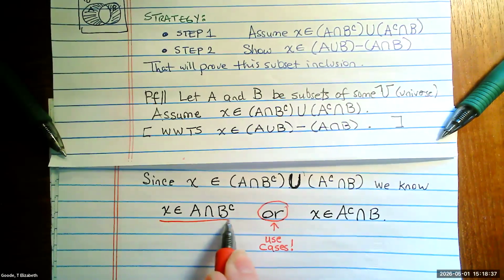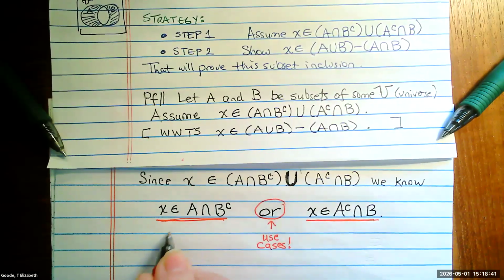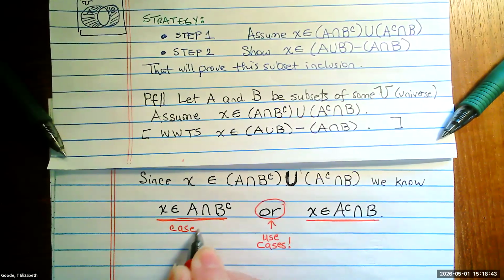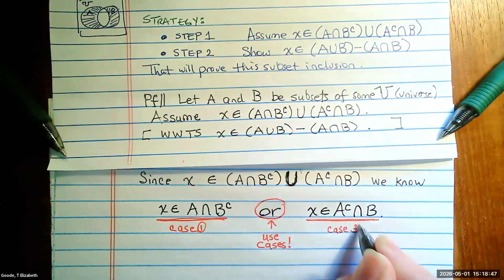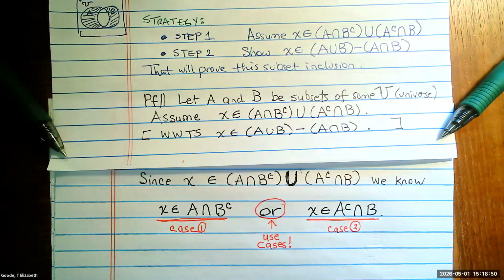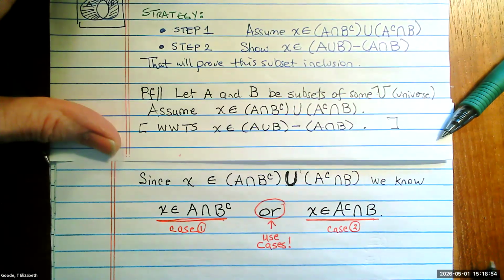So here we're going to have two cases. And I'm even going to label them so I can keep track. Here's case one, and here's case two. In both cases, we still have the same wish.